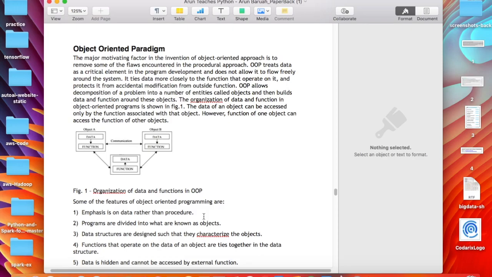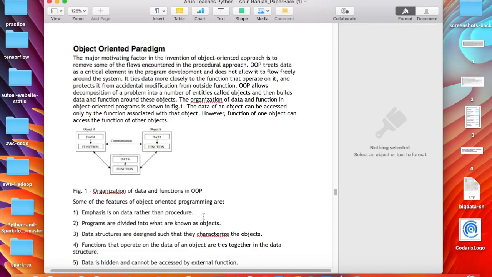Okay, so object oriented programming systems, or OOP in short, treats data as a critical element in the program development and does not allow it to flow freely around the system. It ties data more closely to the function that operate on it, and it protects it from accidental modification from outside function.